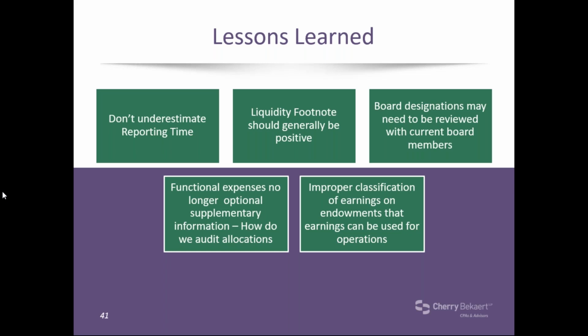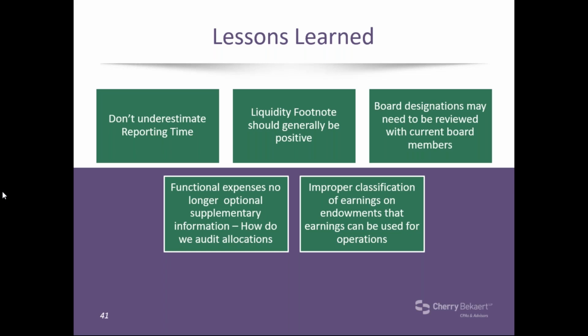For example, there may be some different thoughts about how to calculate your operating reserves and certain things like that. There may have been balances that were previously board designated that your current board may say, we don't feel that's necessary. So use that as an opportunity to review that.